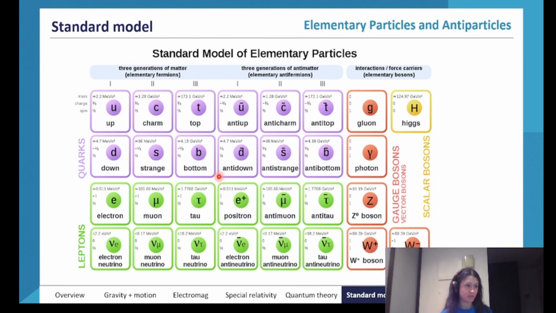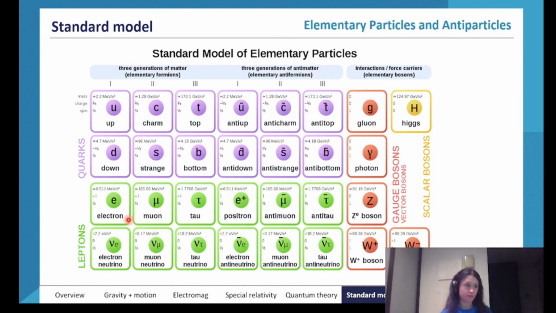And each of these quarks has their own anti-quarks, right? They're like the opposite of those. We also then have our leptons, and leptons are our separate particles. So they don't make up neutrons and protons.